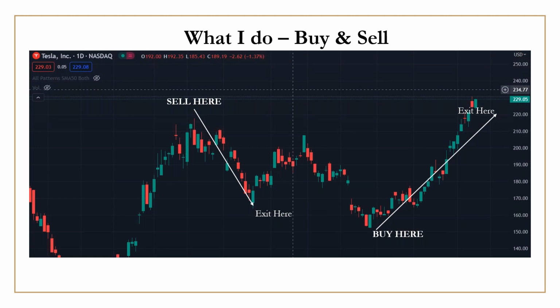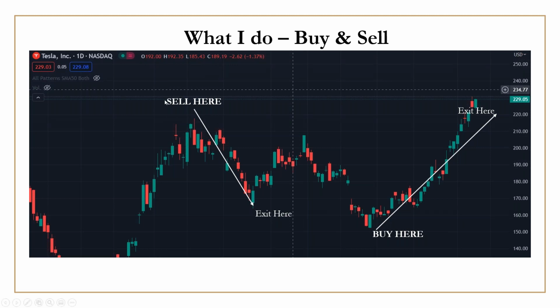And if I were to do a buy, for example, I would want to buy at a low price and exit my trade at a high price. And the difference between the price that I buy and the price that I exit, that in between is where my profit lies. Same thing for a sell.